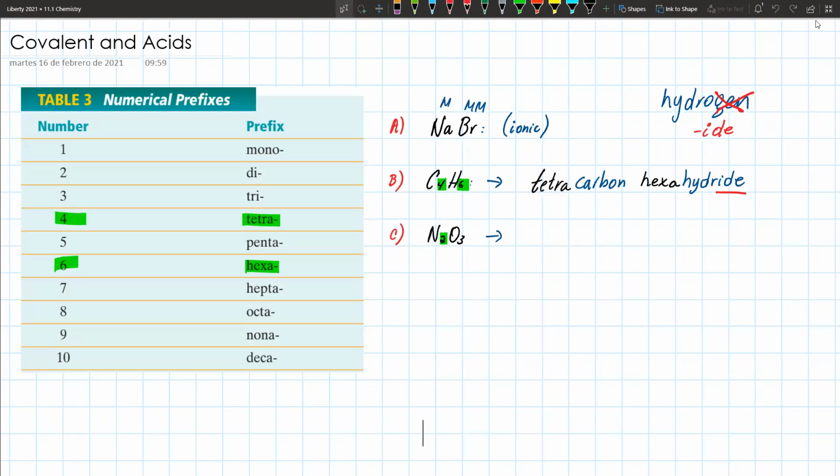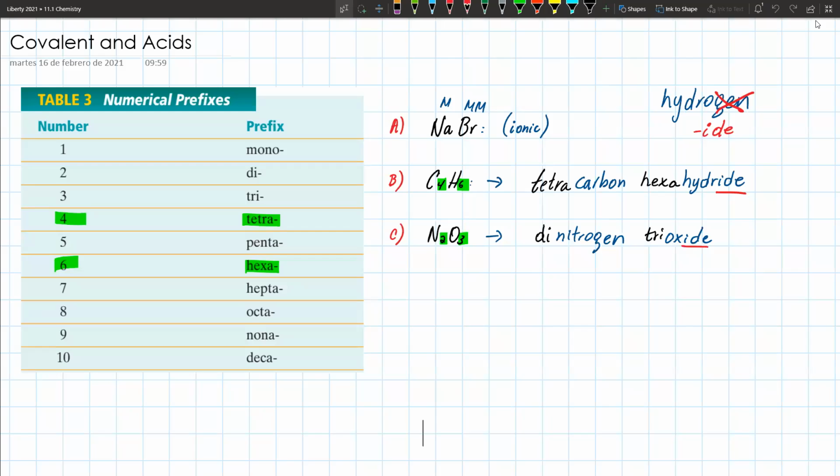Dinitrogen, because that's a 2, not Na. So that will be dinitrogen. And trioxide. The prefix is tri, like trioxide. And now just IDE, like that.